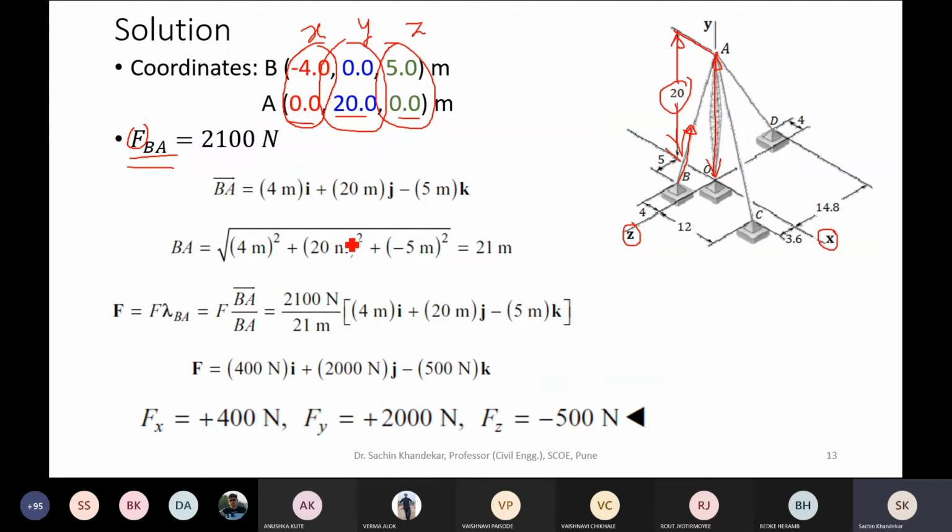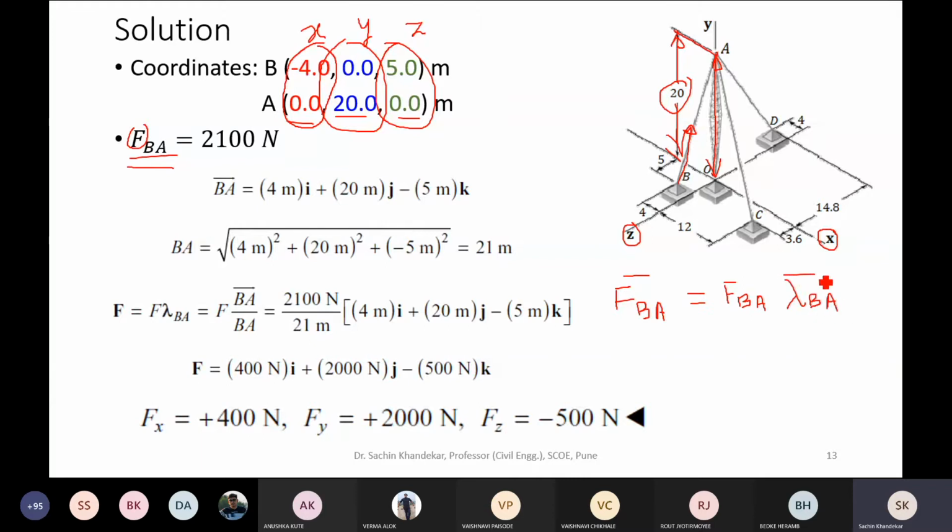Okay. Now, as we know, in vector notation FBA is defined as its magnitude FBA into the unit vector lambda BA.